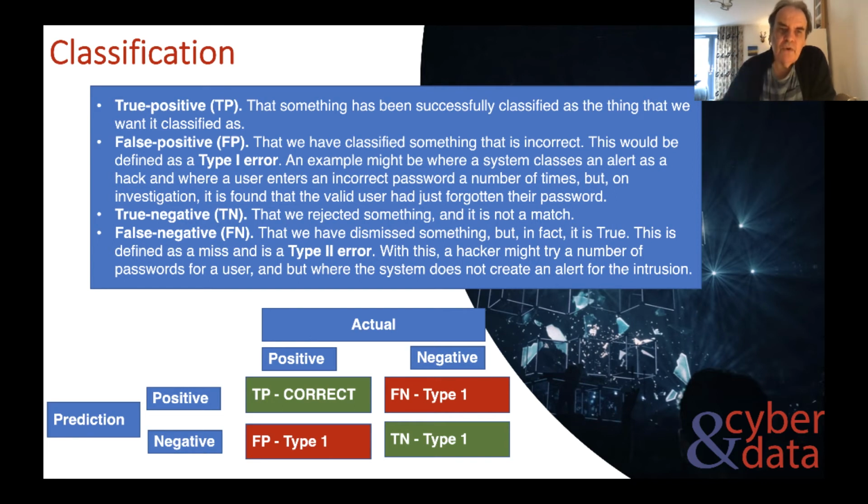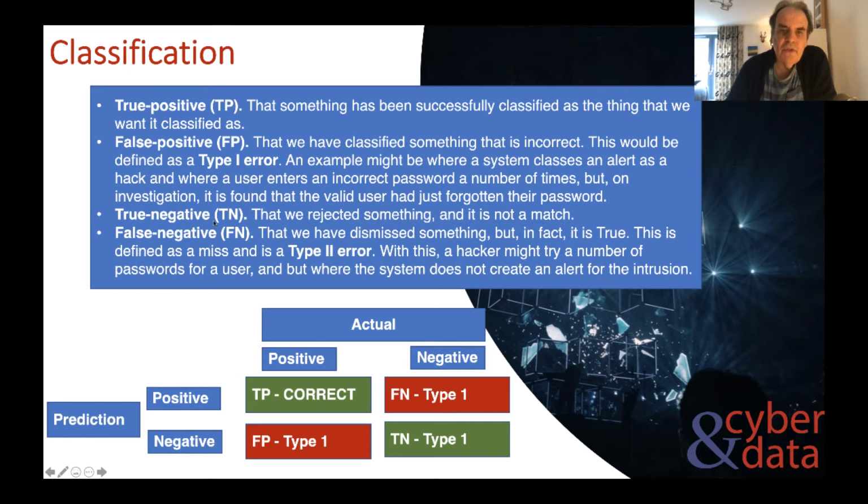Then we have what's called a false positive. With a false positive, we generate an alert, or a true, but it's not actually the truth. In this case, it might be that we think that a device is infected with malware, so that would alert a positive, but it's not actually infected. This is what's called a type 1 error.